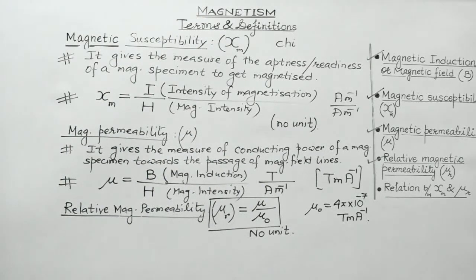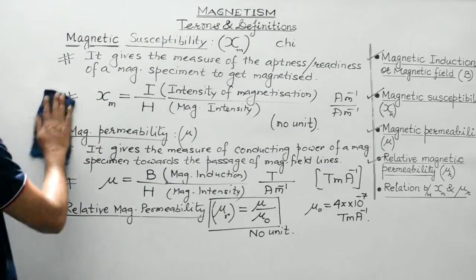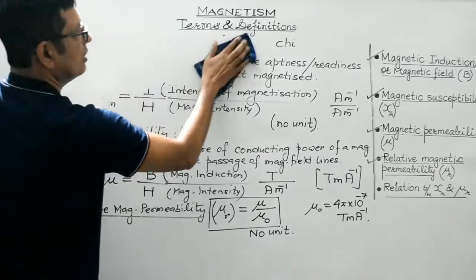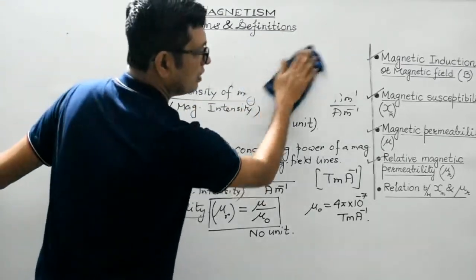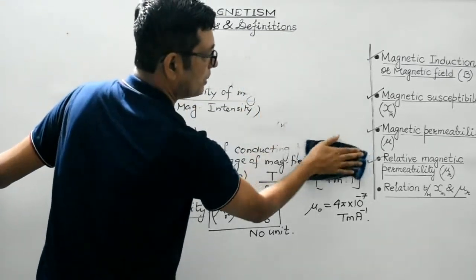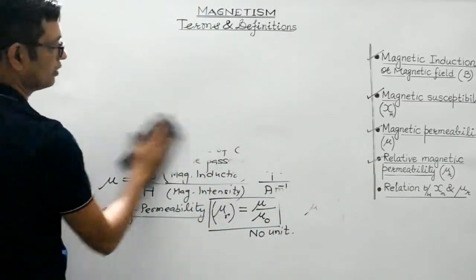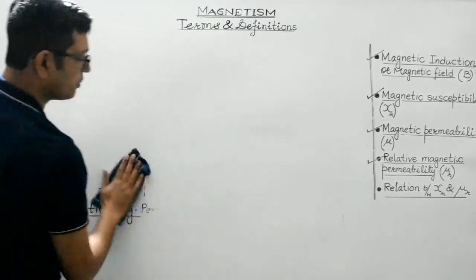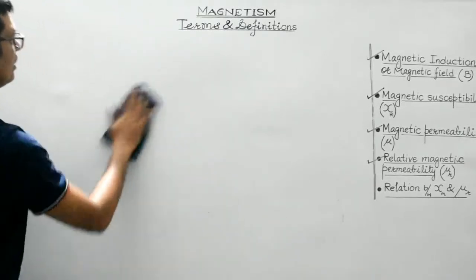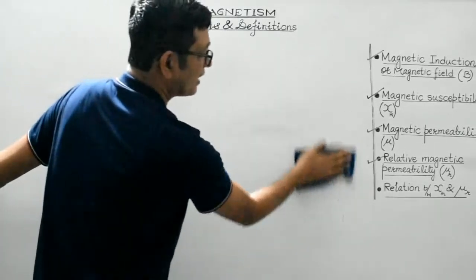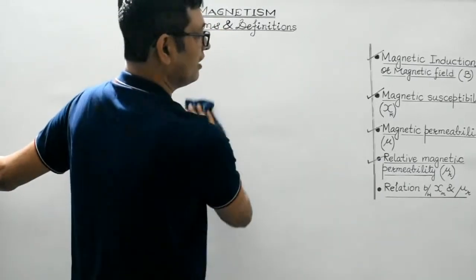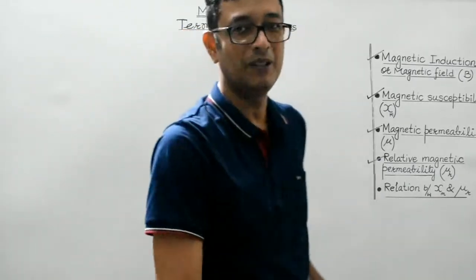Now students, let's discuss the last topic, which is the relationship between the magnetic susceptibility and relative magnetic permeability. So that's a very, very important relationship. You must recall the similar relationship between the dielectric constant or relative permittivity and electric susceptibility, isn't it?